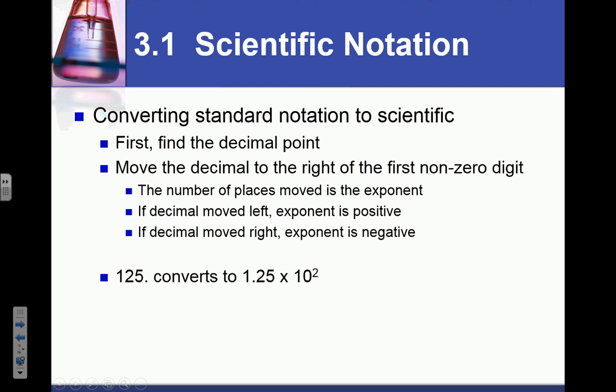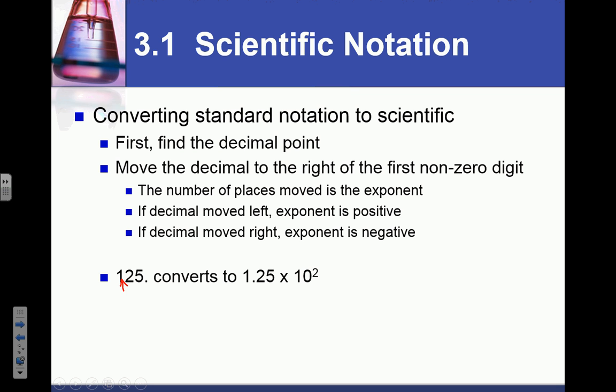Now, when you're converting a standard notation number to a scientific notation number, first you're going to be finding where the decimal point really is. That's what you're doing. So moving the decimal to the right of the first non-zero digit. So if we have 125, then we're going to put it to the right of our first non-zero, which is going to be right there, and that would give us 1.25.